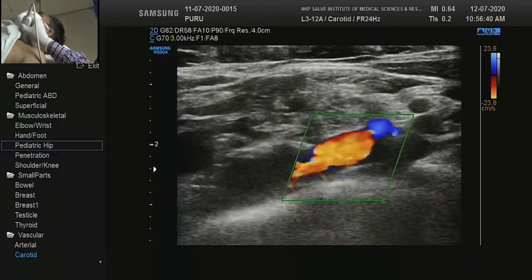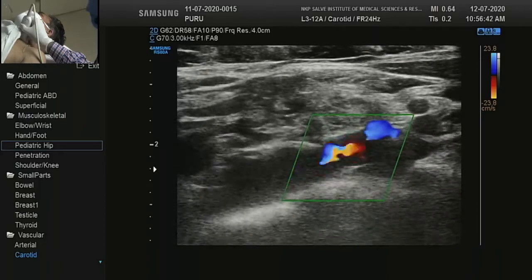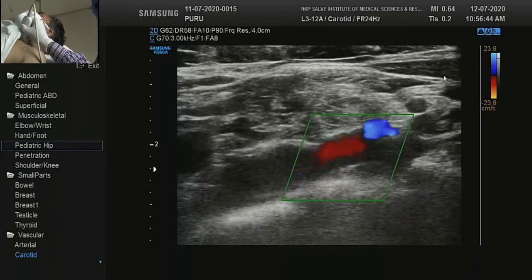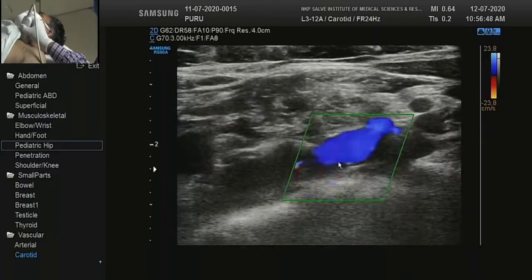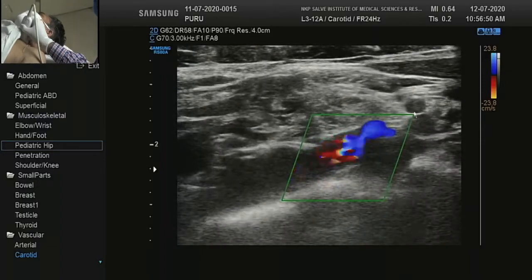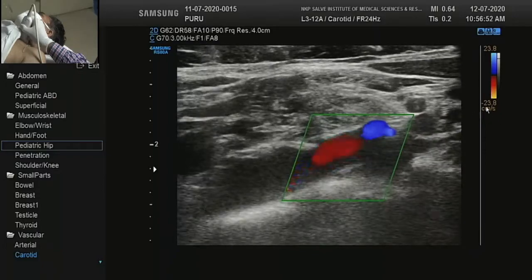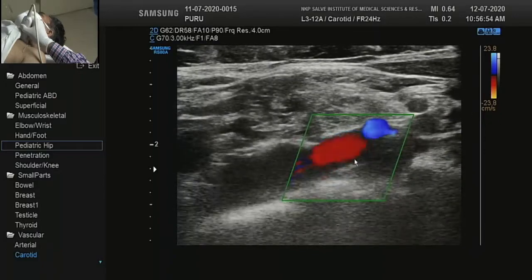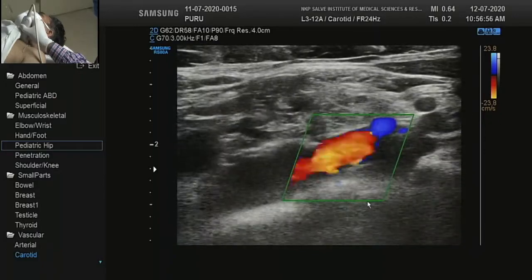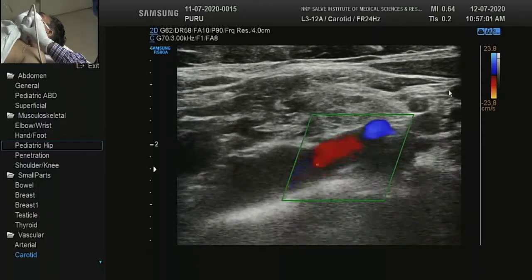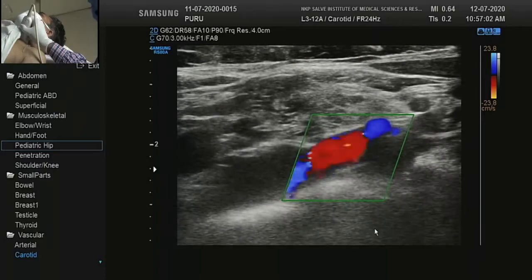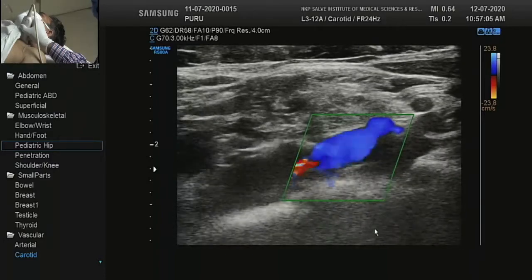Now look at our color scale. The color scale is blue towards the probe. So predominantly the vessels should show the blue flow. Because there will be diastolic reversal, it will show some red and again blue. So you should make sure what you are seeing and what you should see at this point.